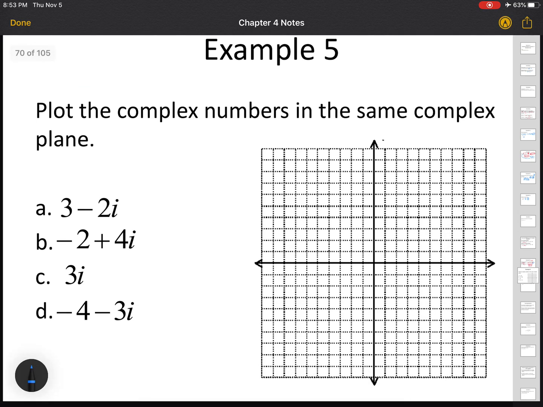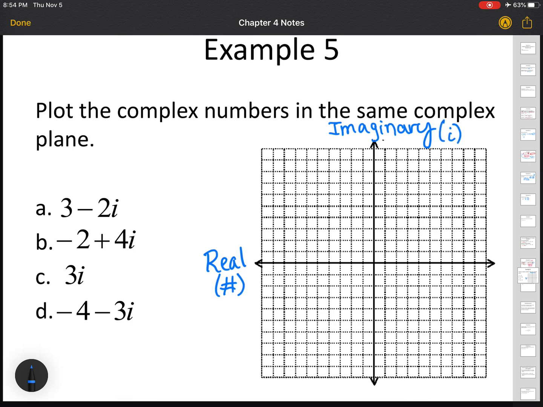Okay, so we just said the normal x-axis, or horizontal axis, is the real axis, and our typical vertical axis, or what we normally call the y-axis, is called the imaginary. So this is the real number part out front, and the imaginary axis is the i part.